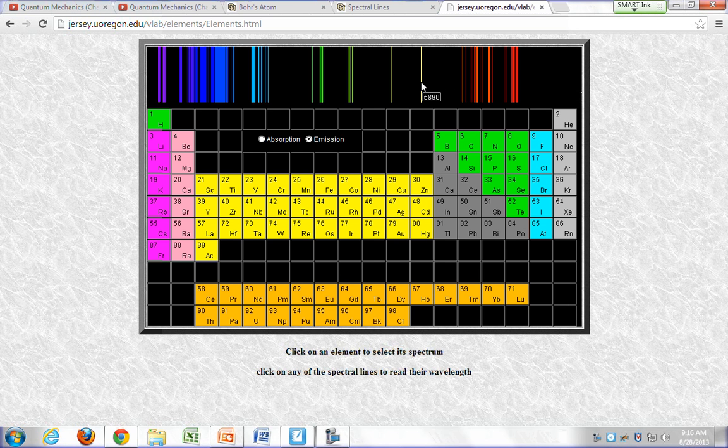And so you've done your flame test in your freshman lab, testing for different ions. If you do a flame test for sodium, you get a yellow light. That's the wavelength of that.